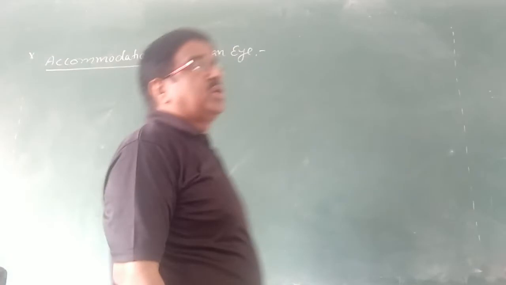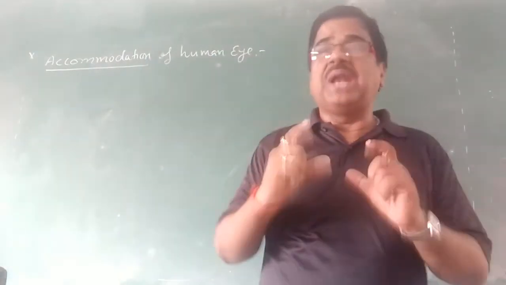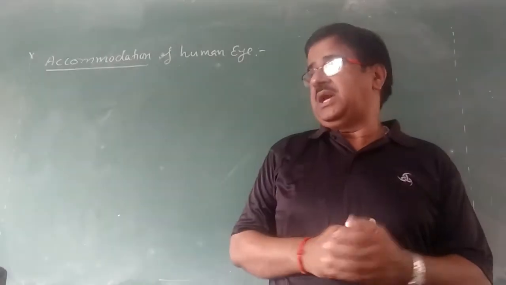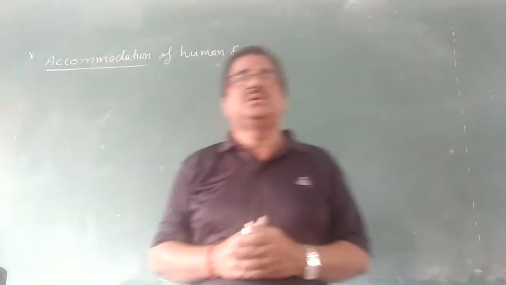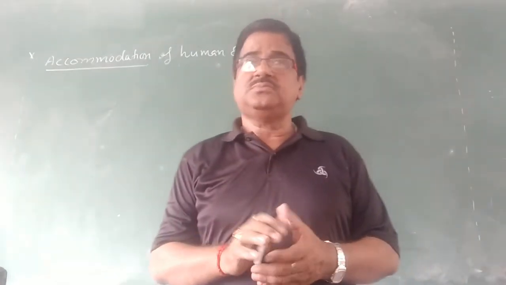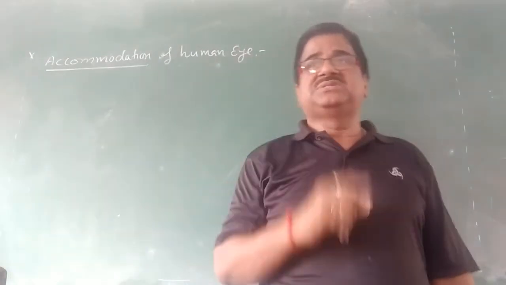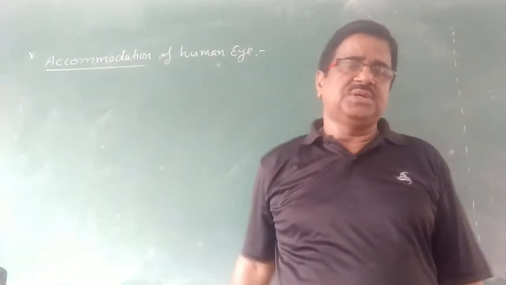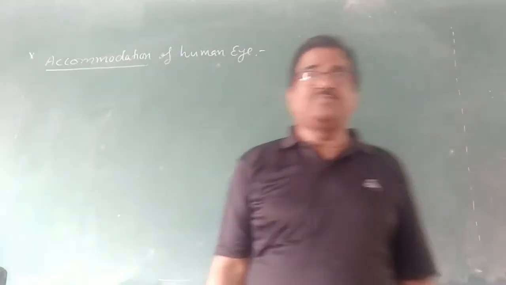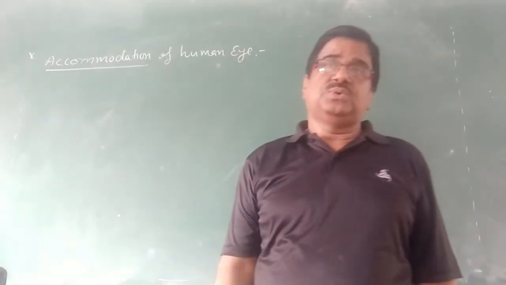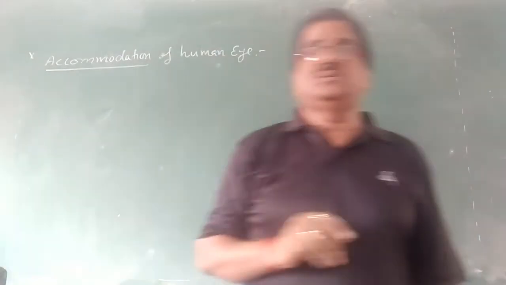My dear student, we have only one lens in one eye and another lens in the other eye. With the one lens, we are able to see distant objects which are situated at infinity and nearby objects also. We are not changing the lens.